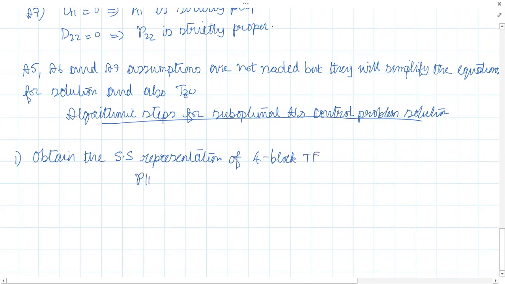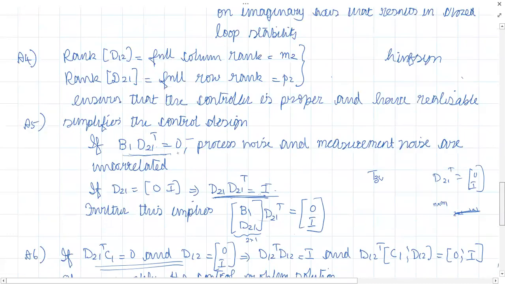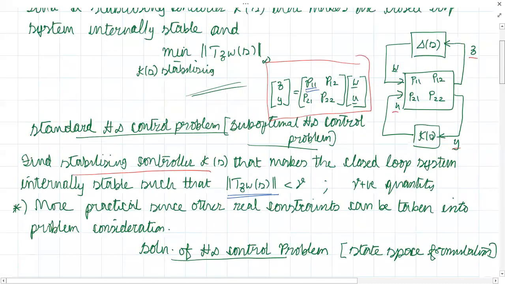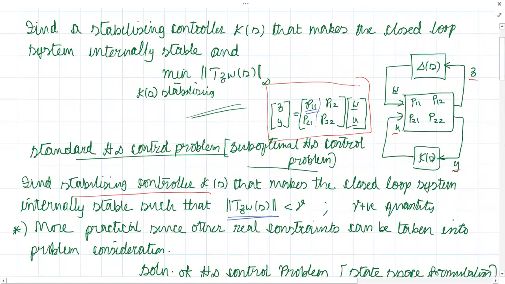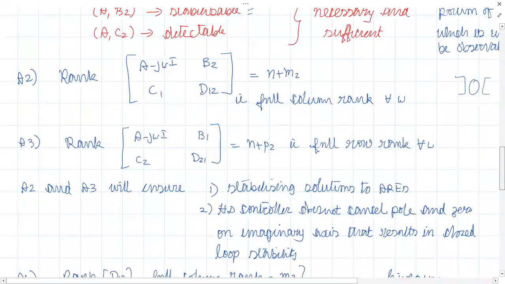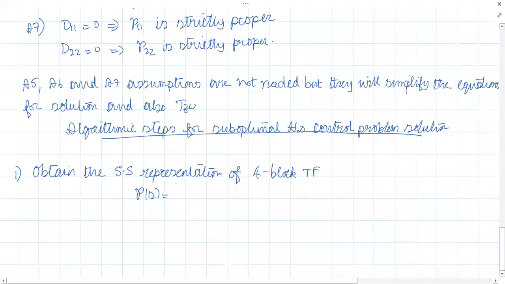What do you mean by that? That means our P of S that we started with, the LFT. This is called a 4-block representation because your matrix has been divided into a 2x2 or a 4-block problem. P of S equal to P11, P12, P21, P22. So what will be your state space form in that case?